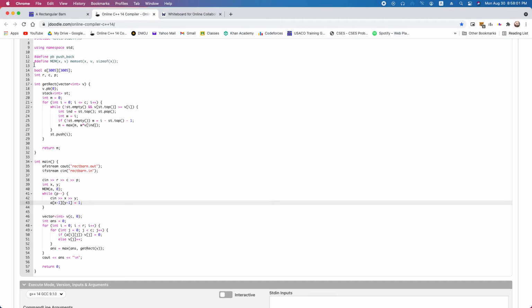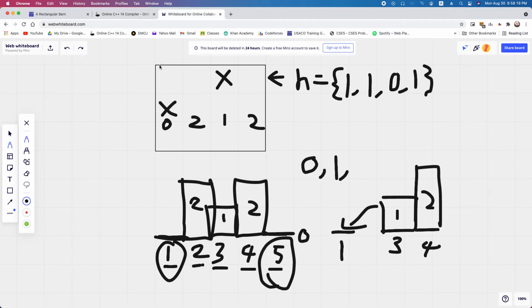I will use this Boolean array, and it will be true if we have an obstacle at that position. And then this v will be used to keep track of our height. Here I gave it a size of c. So c is this column number, which is what we're keeping track of, since we're looking down the rows this way. So we should keep track of the height in each column.